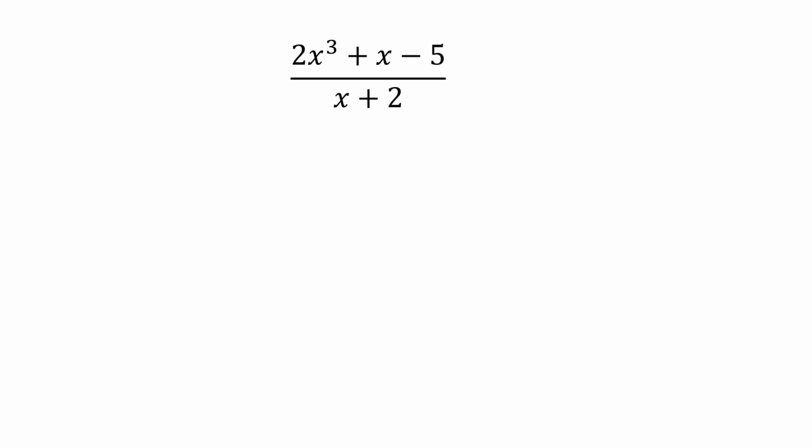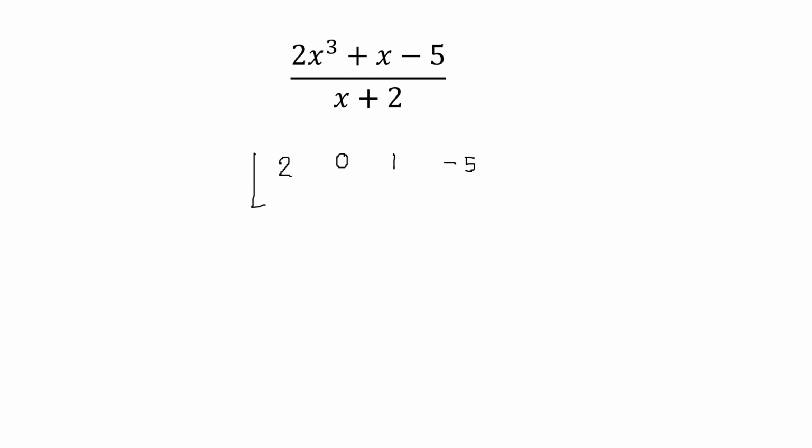The same story, different method, this time synthetic division. Again, make sure that the exponents of the variables are arranged in descending order, and write the coefficients of the terms in that order. So what we have here is 2 for x cubed, nothing for x squared, 1 for x, and negative 5.